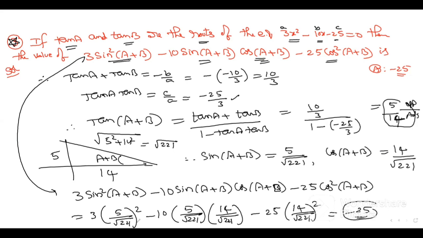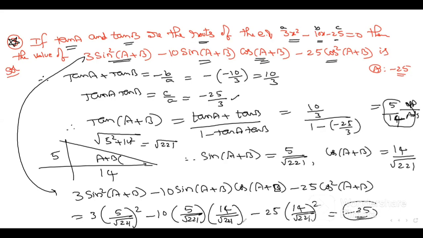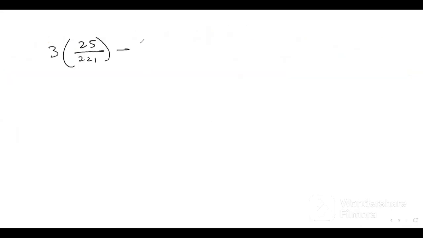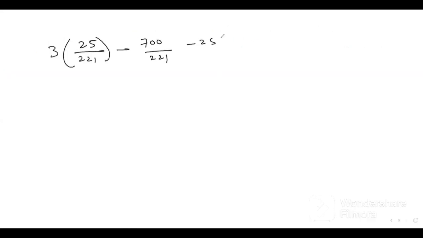Here LCM is 221. So here 3 times 5 square, 3 times 5 square, 25 by 221, minus here 10 into 5 into 14, 10 into 4, this is 700 by 221, root 221 into root 221, minus 25 into 14 square by 221.